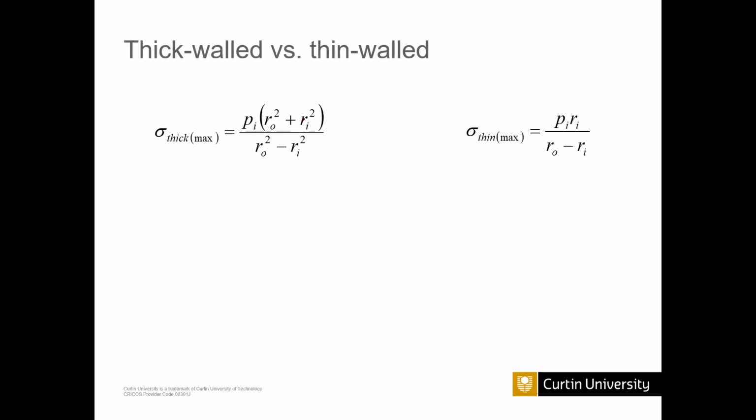Then R naught equals Ri, this 2Ri squared, and you can expand this one as R naught minus Ri times R naught plus Ri. I will note down here R naught minus Ri, expand in this part, R naught plus Ri.